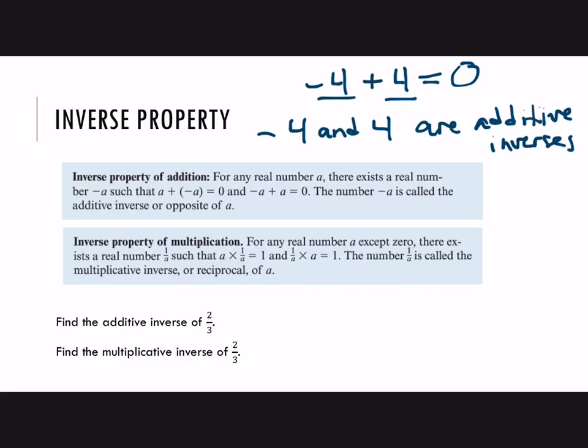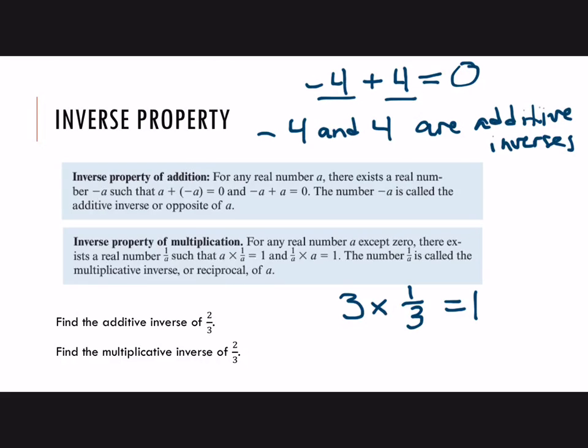We also have an inverse property for multiplication. Same idea. For every real number except for 0, there's another real number so that when you multiply, you get the identity, the number 1. One example would be 3 and 1/3. 3 times 1/3 is 1.